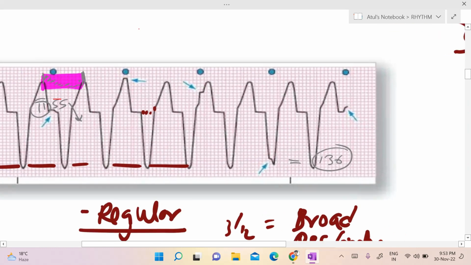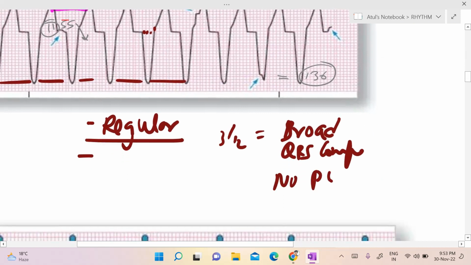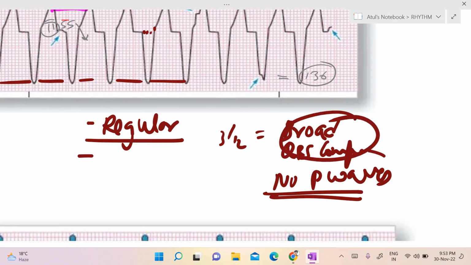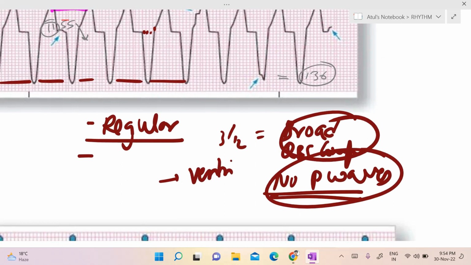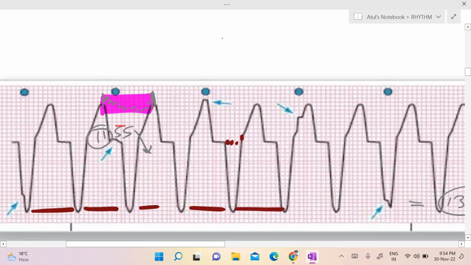Next, what we can see, there are no P waves. Broad QRS complexes, no P waves. You can see this is a ventricular rhythm. Looking at the rate, around 11 small squares.